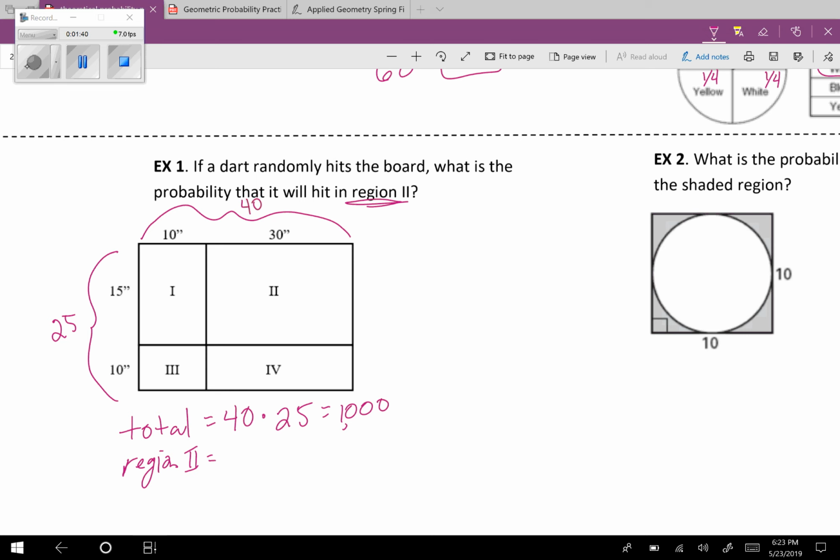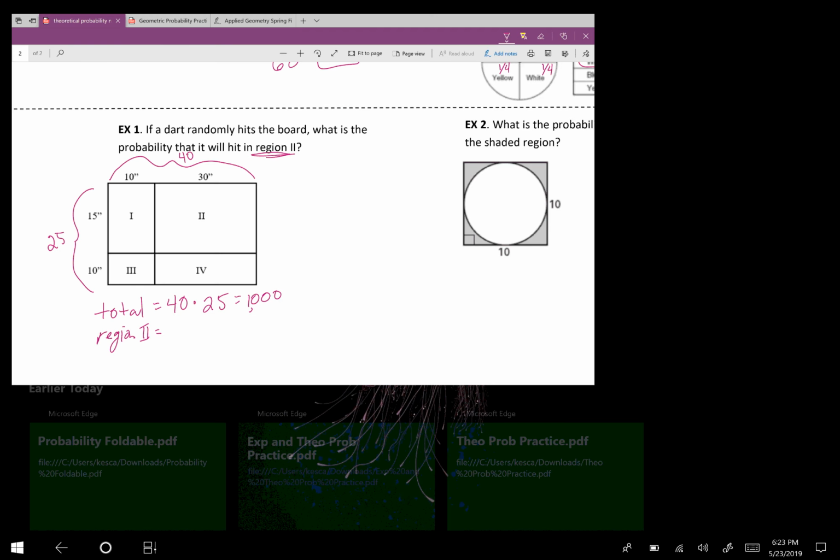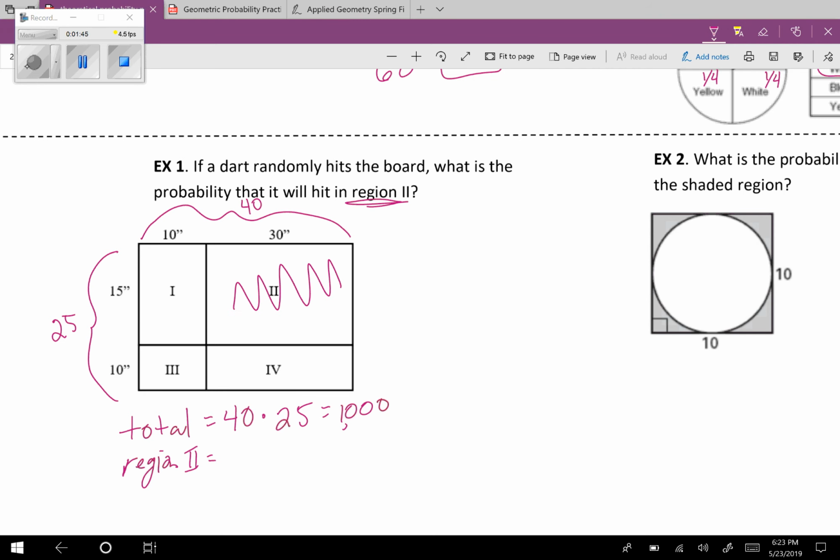That's another rectangle, and this rectangle is 30 by 15. So we're going to do 30 times 15, and you get 450. Okay, so we want the favorable out of the total. So we got 450 out of 1,000.